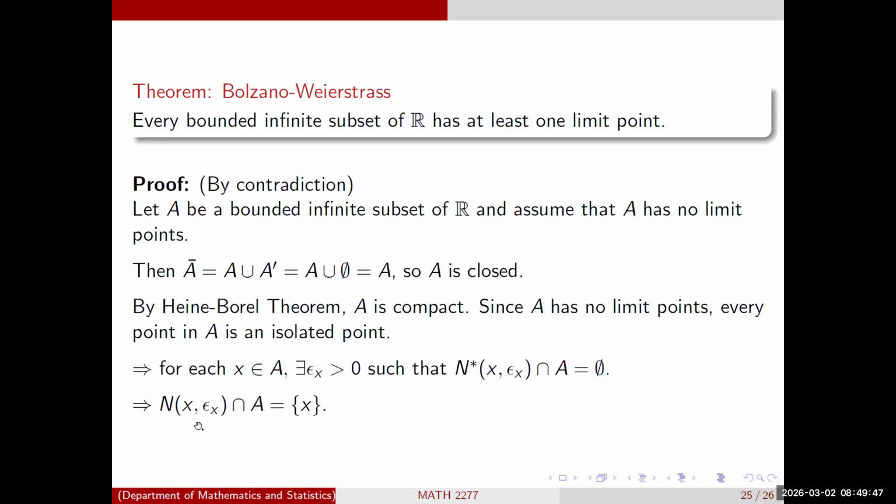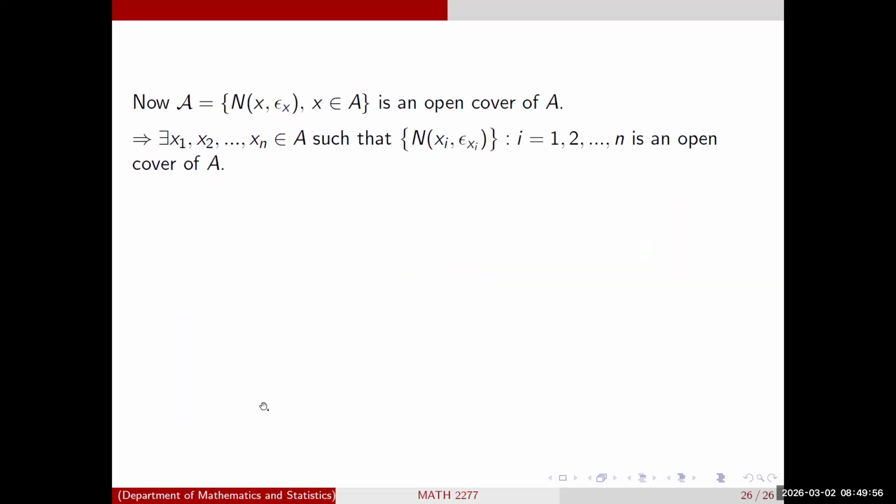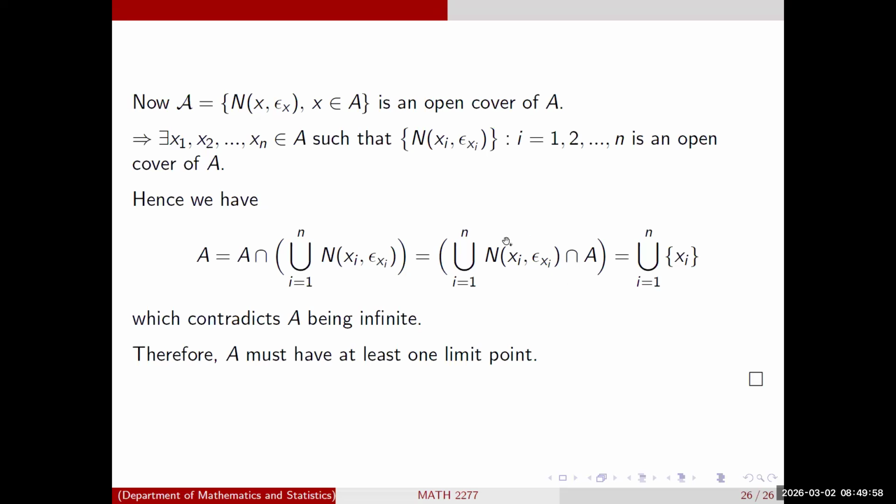This was for any one of those neighborhoods, but now I'm dealing with just the n that I picked out. So each of these neighborhoods intersection A is just the center, xi. So this innermost set is just xi, and I get the union of xi as i goes from 1 to n.